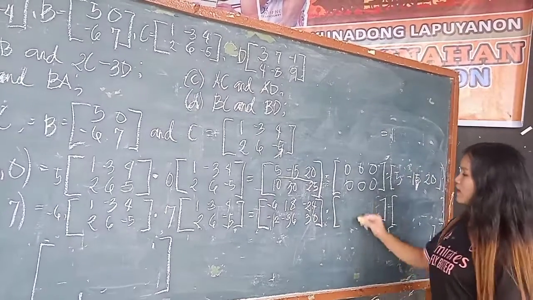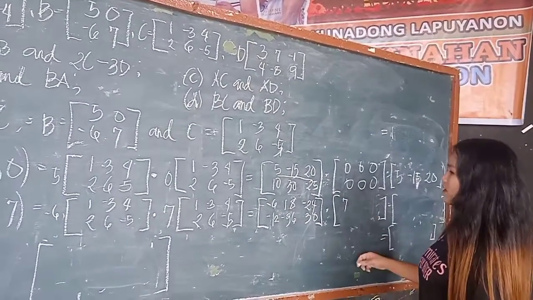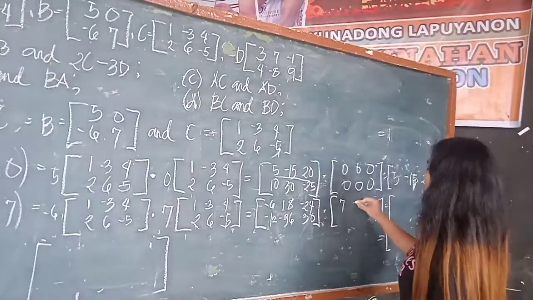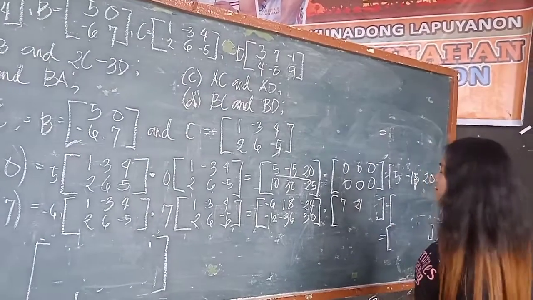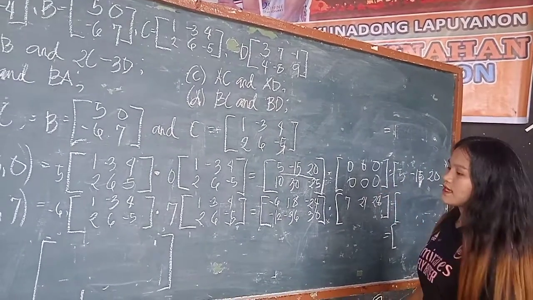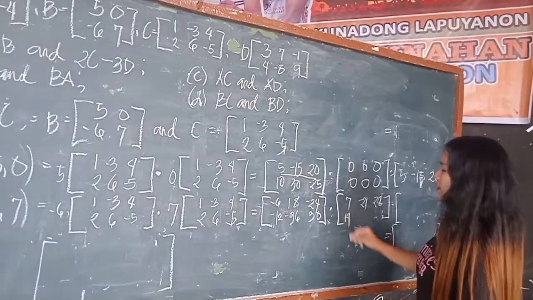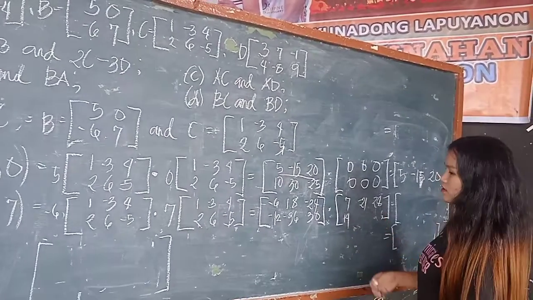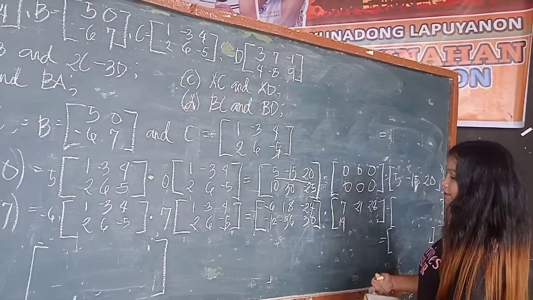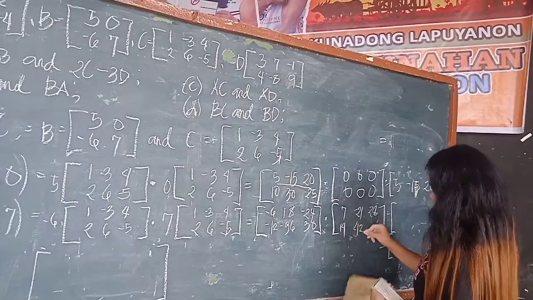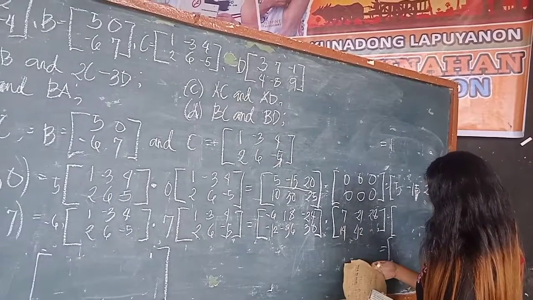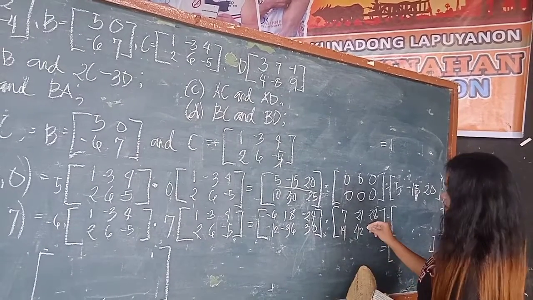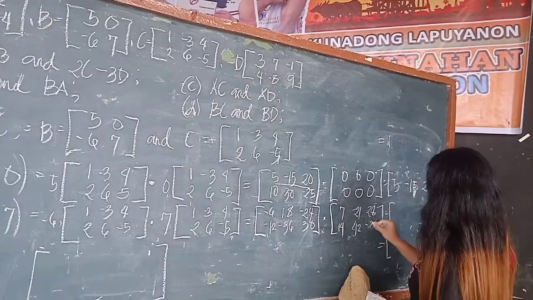So 7 times 1 equals 7. 7 times negative 3 equals negative 21, and 7 times 4 equals 28. 7 times 2 equals 14. 7 times 6 equals 42. And 7 times negative 5 equals negative 35.